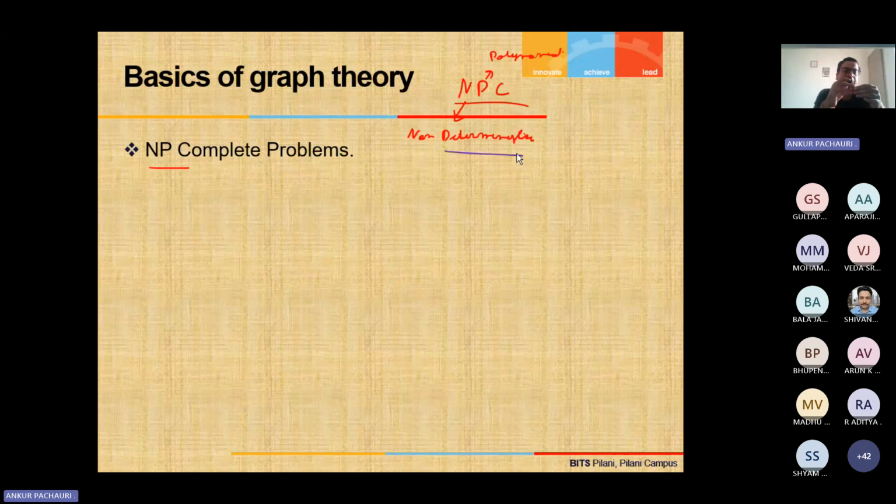The best example that you have learned is randomized quick sort, in which selection of the pivot was done randomly.